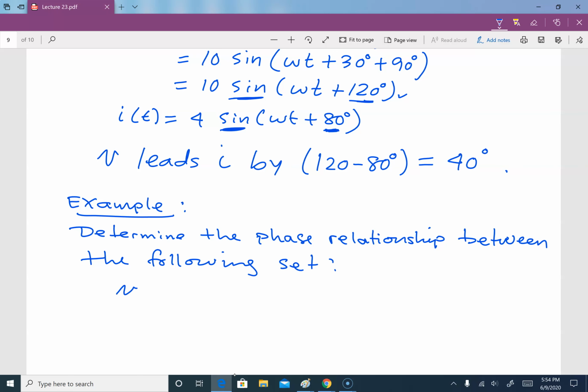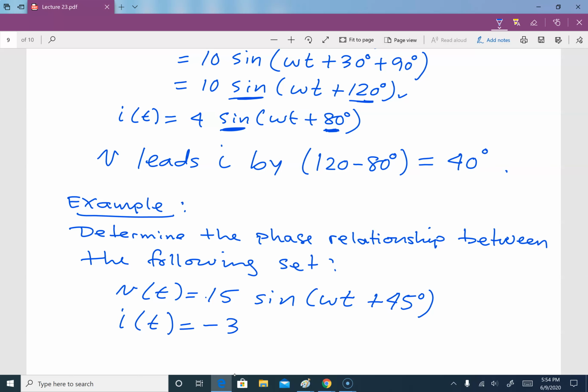So we have our v of t given as 15 sine omega t plus 45 degrees, and I of t is negative 3 sine omega t plus 65 degrees.